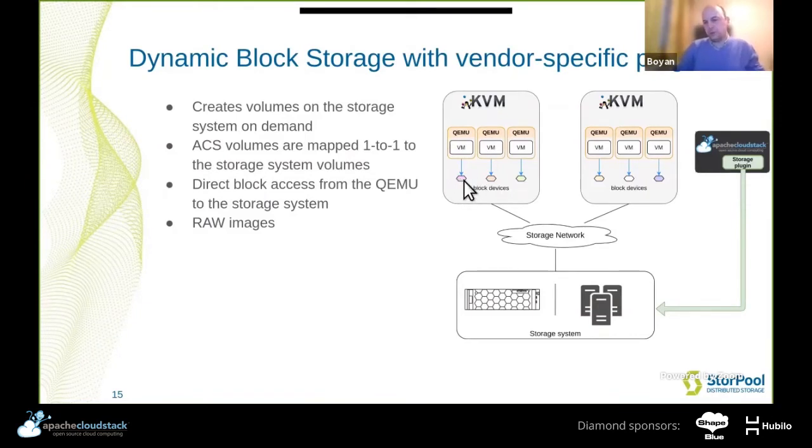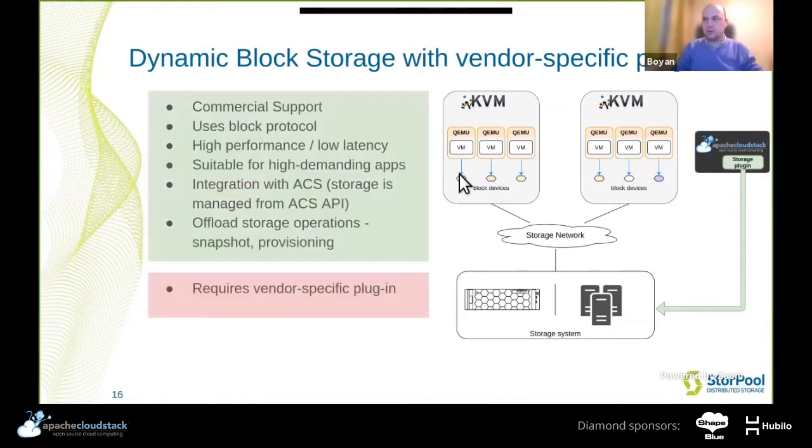So all functions like snapshotting, for example, are performed by the storage system itself, and they're not a function of the virtual machine disk format, like QCOW. So unlike the previous ones, in this scenario, we get a one-to-one mapping between a virtual disk and the LUN in the storage system.